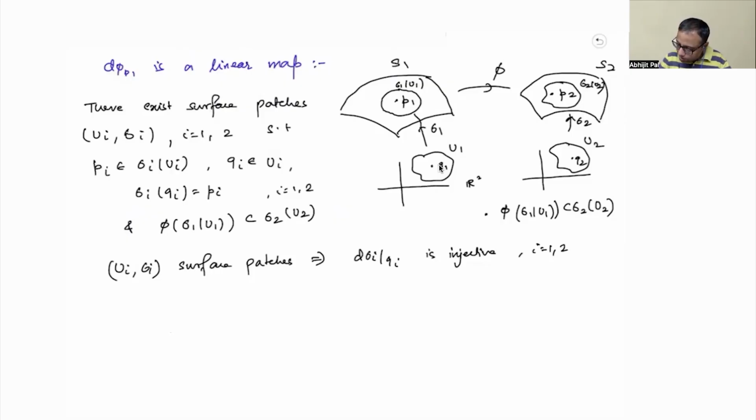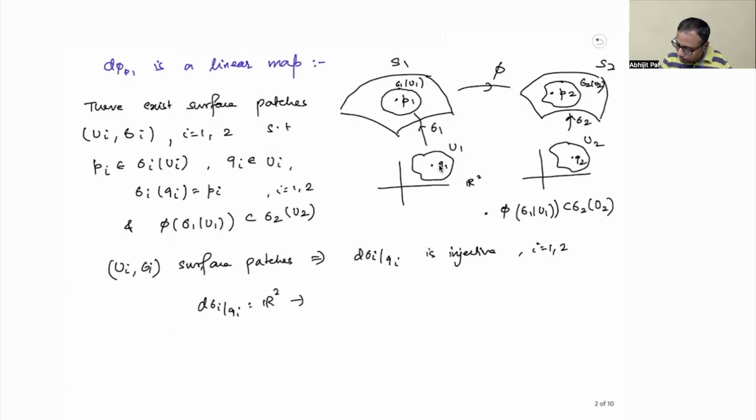Okay, so this T sigma i Qi is a map from this R2 to R3. So for this injective map, the image will be the tangent space.